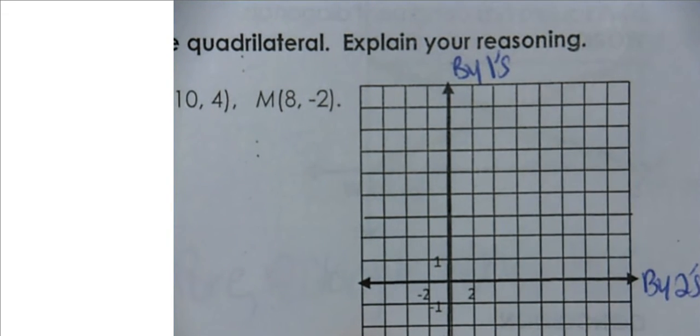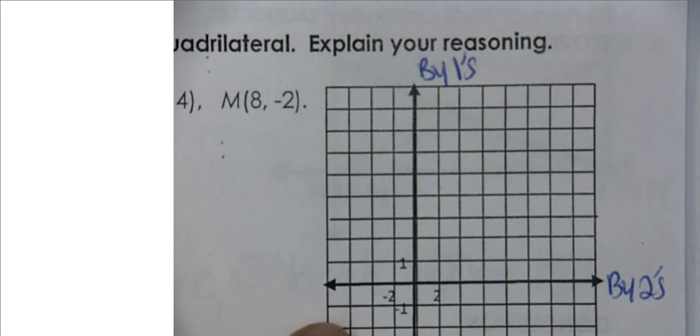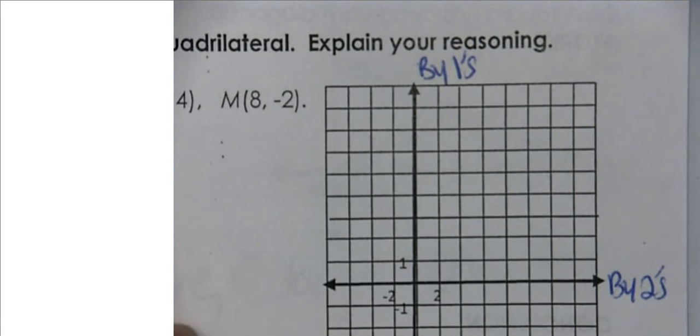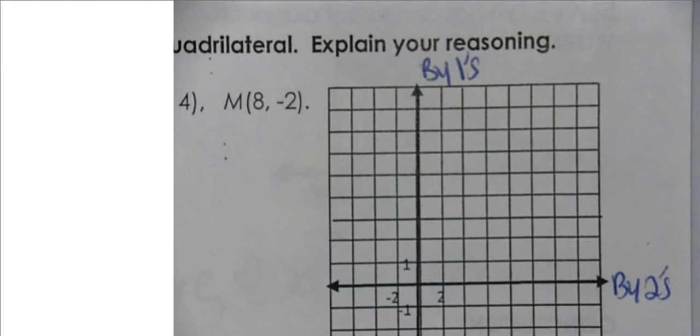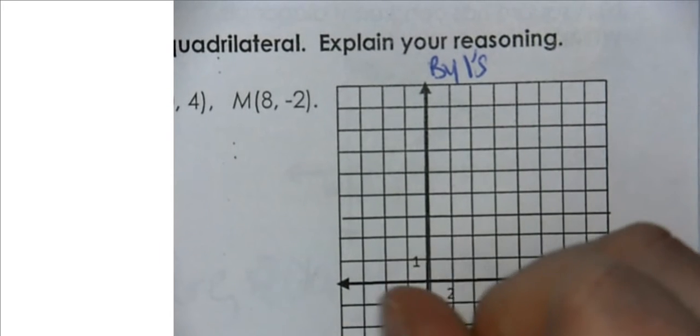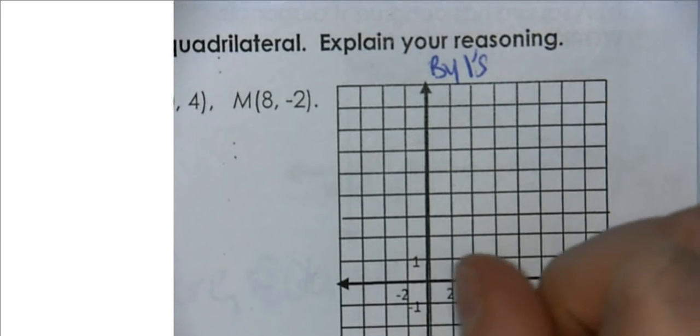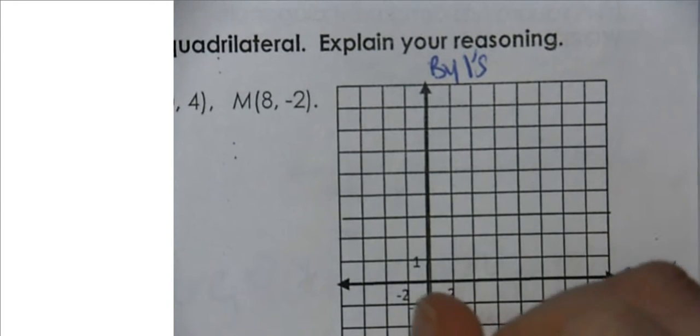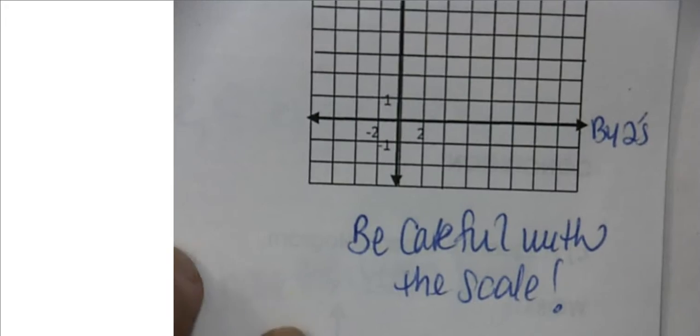And so even though it'll be graphed, it's going to be kind of challenging to decide what shape you actually have because it's going to be in disguise. The grid has been what I call warped. So you want to be careful with the scale.